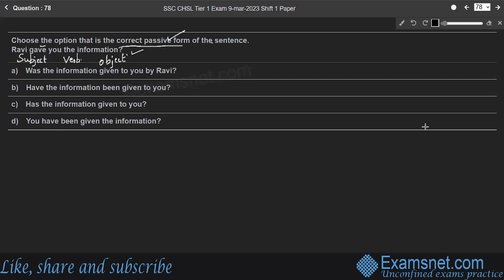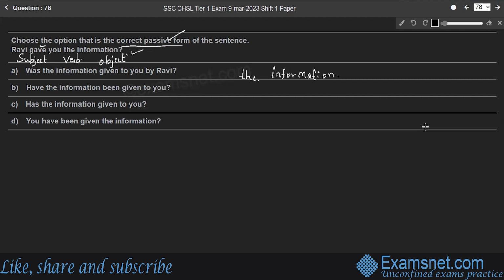So in passive form, the information becomes the subject. So move the object to the beginning of the sentence to make it the subject of the passive sentence, which is the information, right? Therefore, the information.